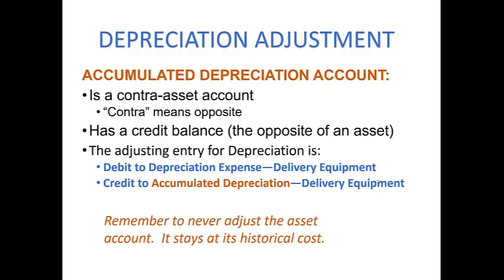And the adjustment is to debit the depreciation expense for the amount of the depreciation and then credit accumulated depreciation. So this is where we're going to accumulate all the depreciation ever taken on an asset.